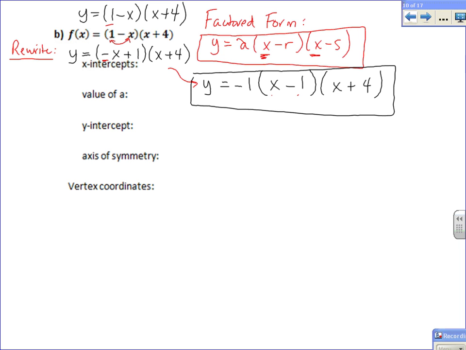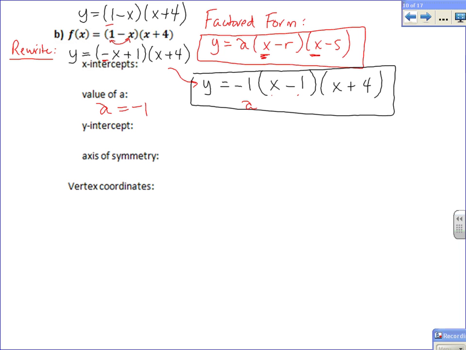The first thing I notice here is that a, the number in the front, is equal to -1. So I could solve for that right now. A is equal to -1. Write that really clearly. A is equal to -1. The other thing that I can see right away is I can solve for my values of r and s.